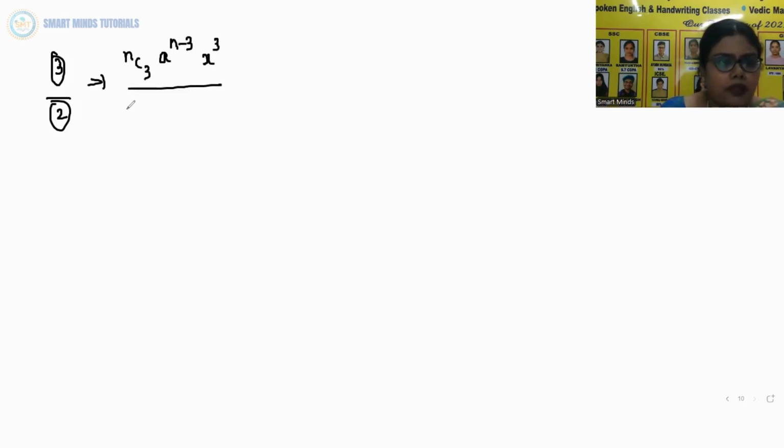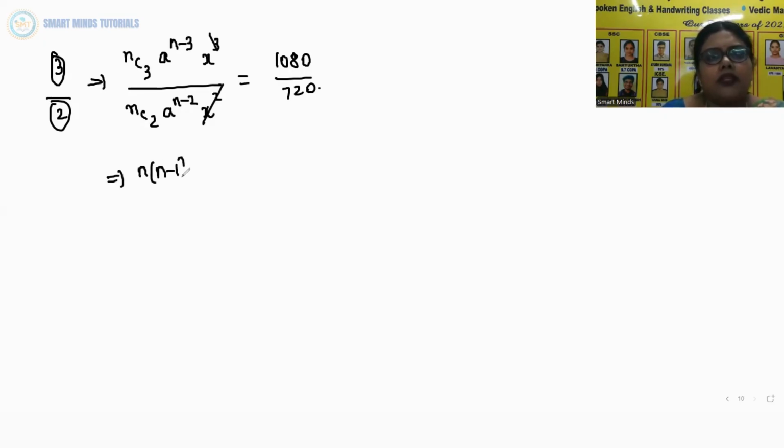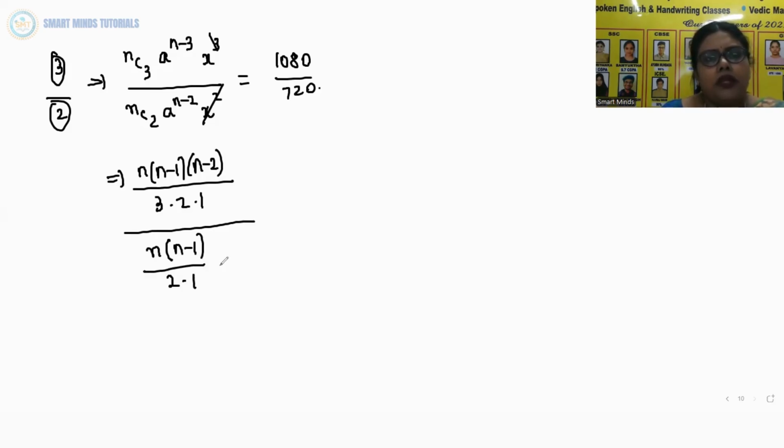Now after getting the fourth equation, we will divide 3 by 2. So you will get nC3 a^(n-3) x^3 by nC2 a^(n-2) x^2 equals 1080 by 720. Now x squared cancels. nC3 is n(n-1)(n-2) by 3 into 2 into 1, by nC2 which is n(n-1) by 2 into 1.